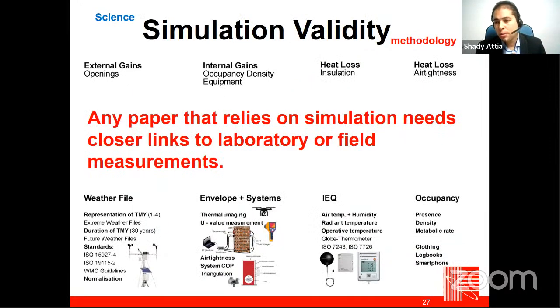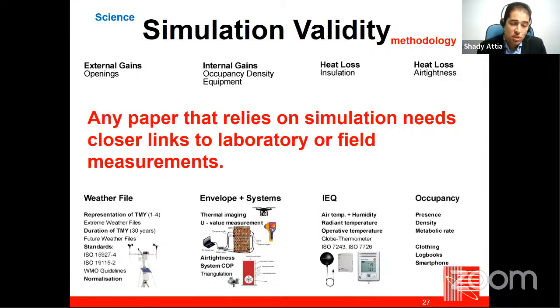And when we talk about building performance simulations, since we are in a virtual modeling approach, it's very important to not forget evidence and make sure that our simulation is validated. And any paper that relies on simulation needs closer links to laboratory or field measurement.